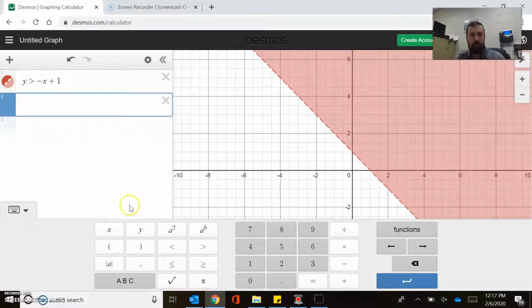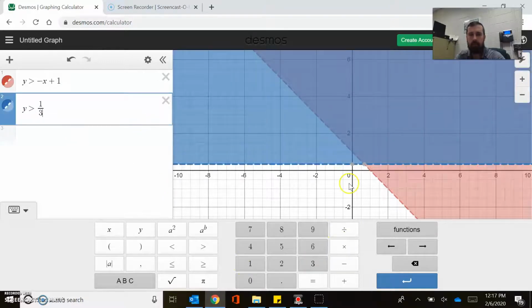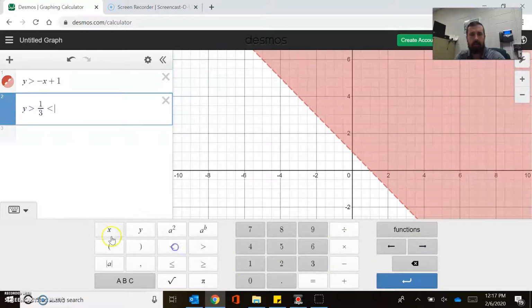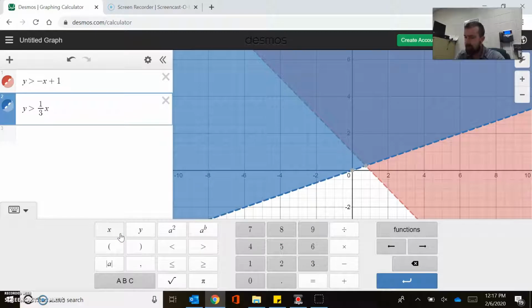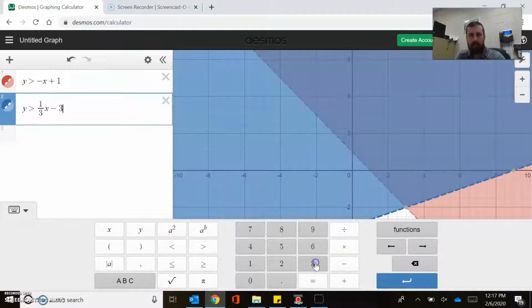We're going to put in y is greater than 1/3 x minus 3. So notice here, those are our equations for the two that we put in.